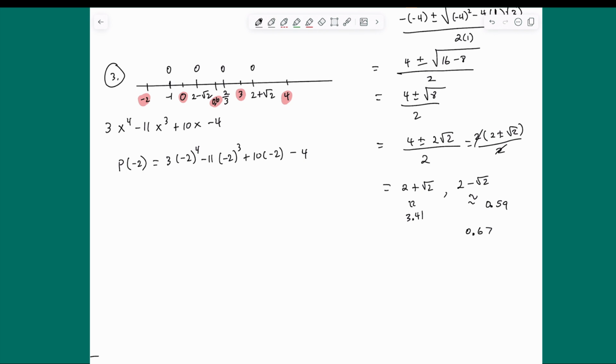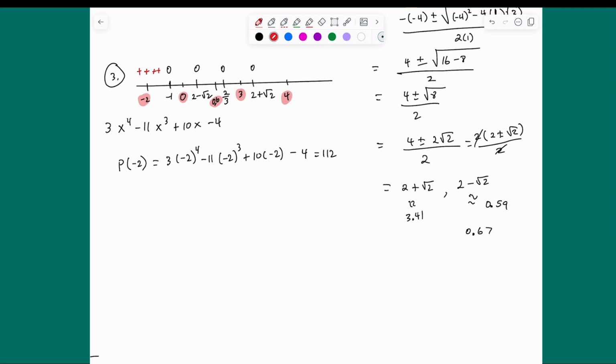Okay, so we get, if I did that right, double check. All right, so I get 112, so it tells us it's positive there. So it's positive here, and the interval from negative infinity to negative 1 is positive.